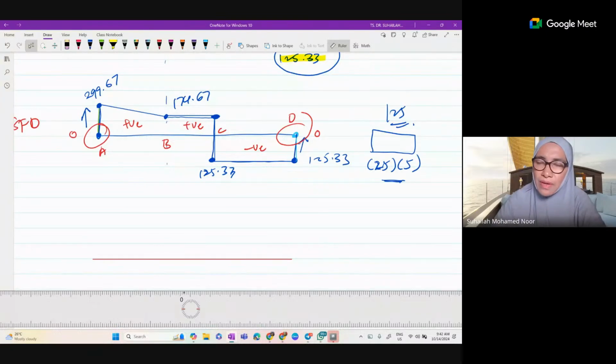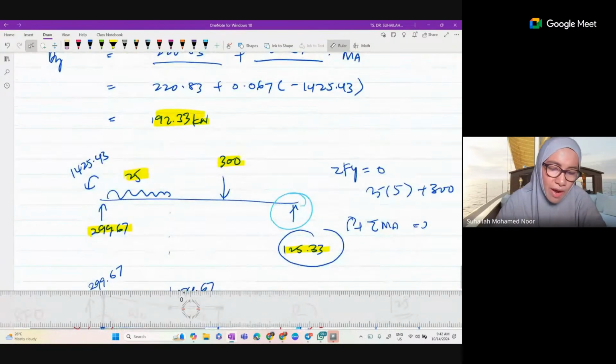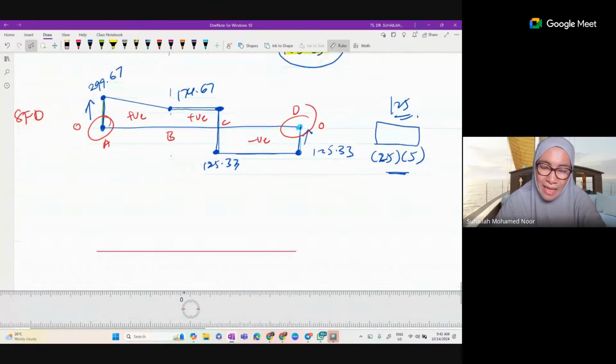Okay, so the first point, the moment is negative 1425.43. It is negative.